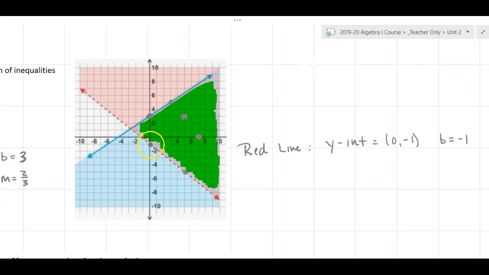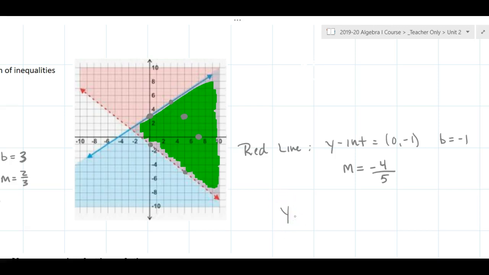So to get from my y-intercept to this new point, I have to go down 1, 2, 3, 4, down 4 and to the right 1, 2, 3, 4, 5. Down 4 and to the right 5.